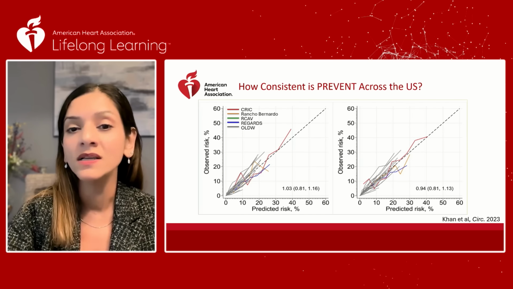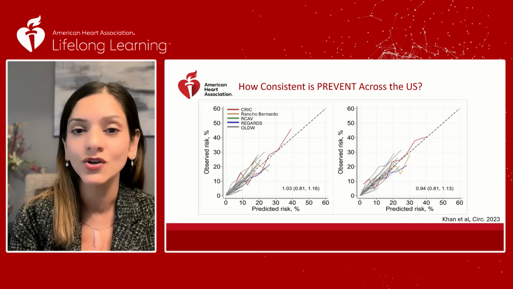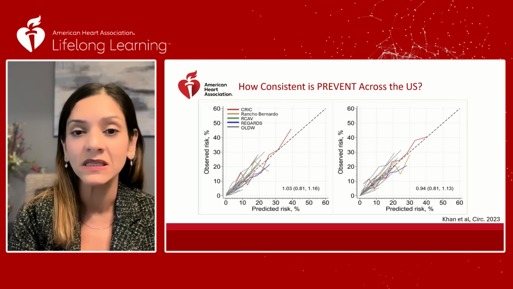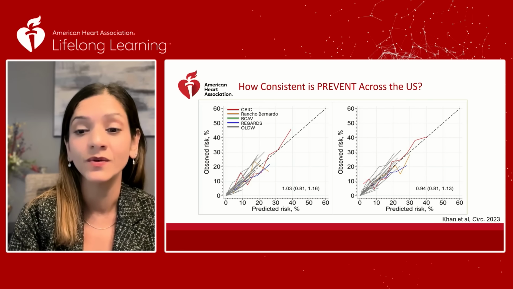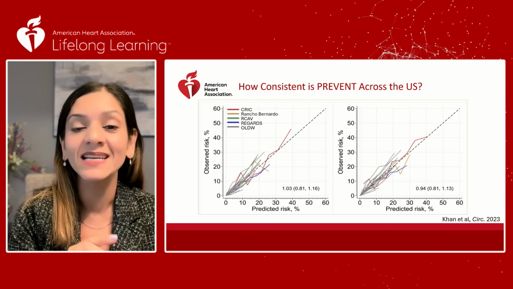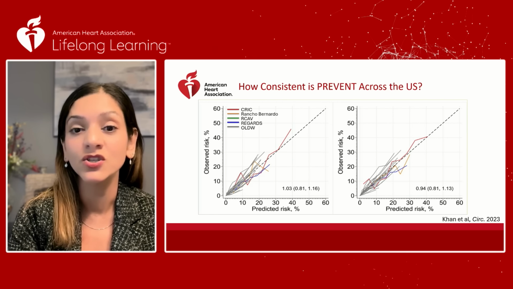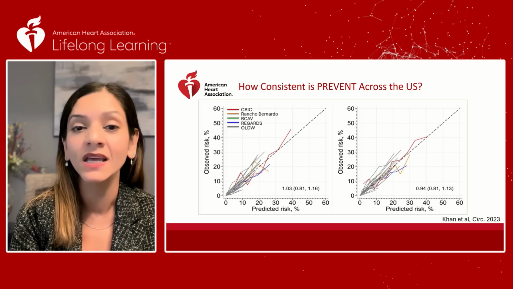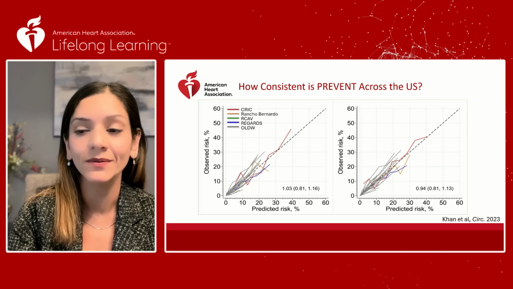So across a broad set of research cohorts as well as EMR data sets, we see near perfect alignment of the predicted and observed risk. And I think the other thing that's really helpful about this is that this also represents patients across the United States. So we have broad geographic diversity in the participants that were included.